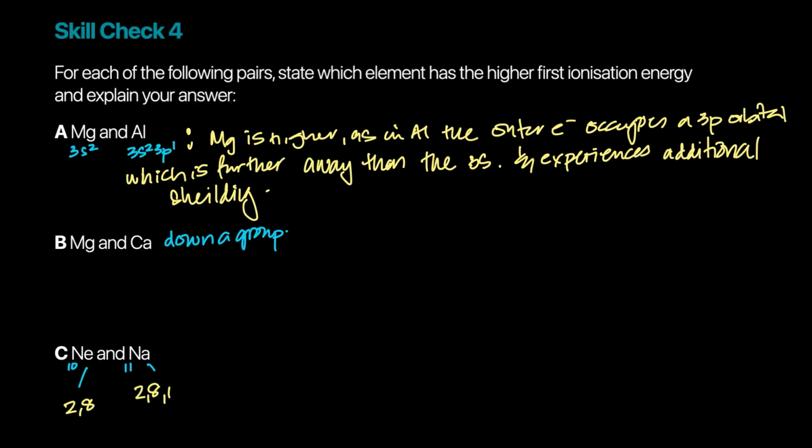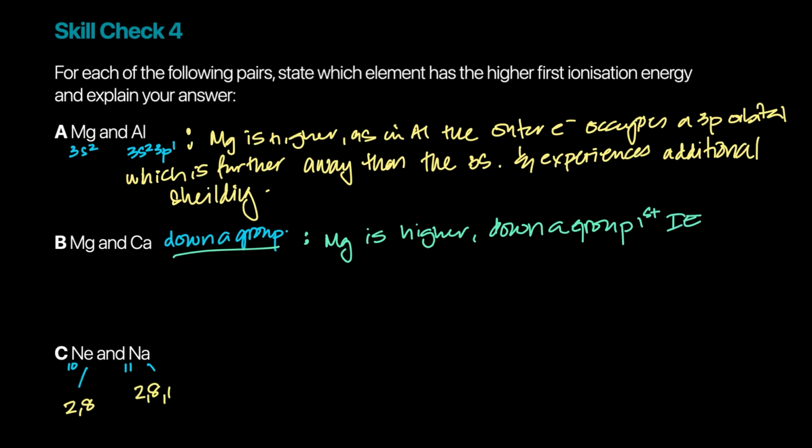On the other hand, for magnesium and calcium, down a group, whose is greater? You'd say magnesium's is higher. Why? Because down a group, first IE decreases, and then you go on to explain why it decreases. Even though the nuclear charge increases, shielding also increases.